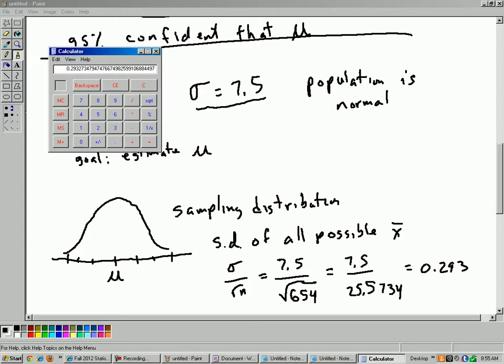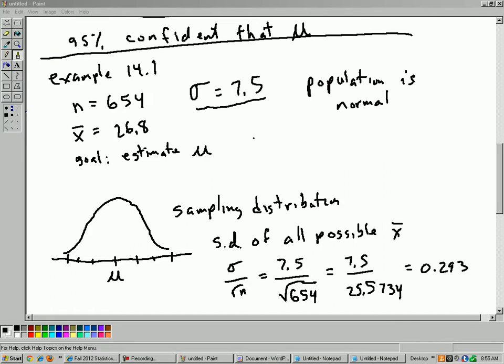Okay, now the standard deviation of the population is pretty big, 7.5. However, because our sample size is so big, we're going to have a very reliable sample result.